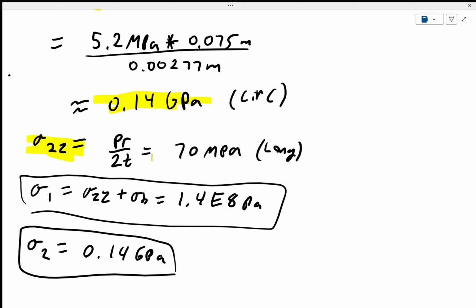We know that's not the whole story, though. We know we want to add that. So this is where it gets kind of confusing. We know we want to add that to get our sigma 1 in that plane, the stress that's going on. We know on the bottom and the top it's going to be either additive or subtractive.